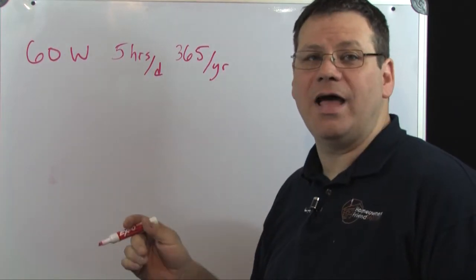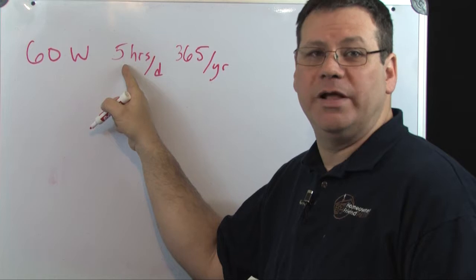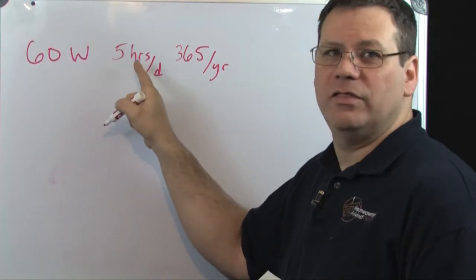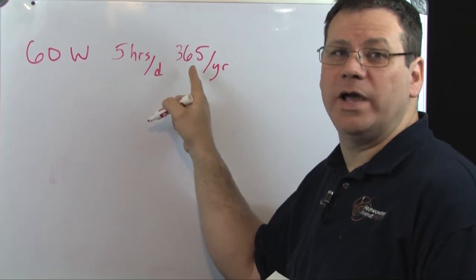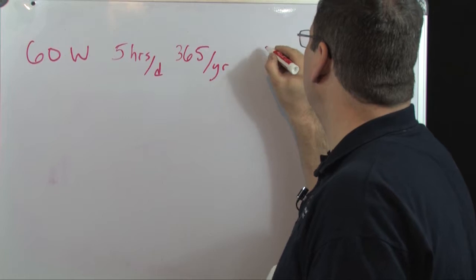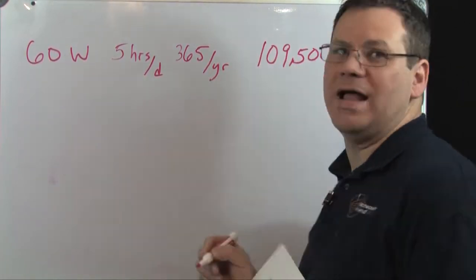If we multiply that out, 60 watts times 5, we would get 300 watts per day, right? Multiply that out by 365 days in a year, we come out with 109,500 watts.